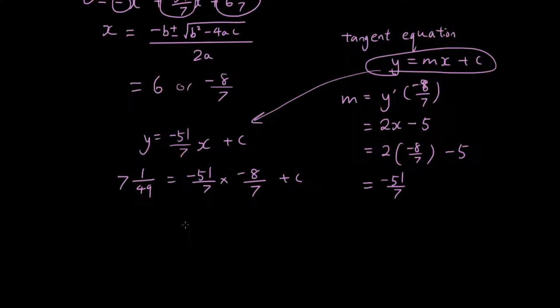A whole lot of fractions, so let's work that out. C is equal to 7 1/49 minus all that stuff, so 51 times 8 over 7 times 7.